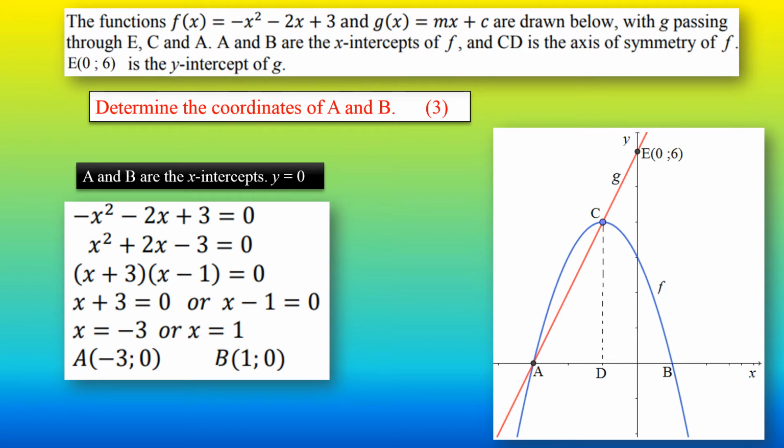Changing the sign, x square plus 2x minus 3 equal to 0. We factorize or use the formula, and then we get x equal to minus 3 or x equal to 1. Now we can see from the diagram the coordinates of A must be negative 3, 0 and B must be 1, 0.